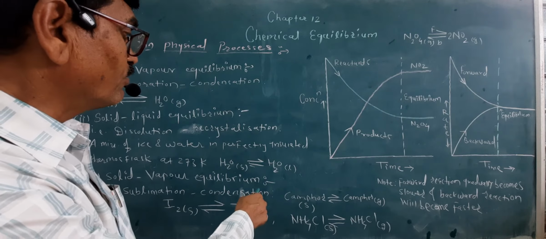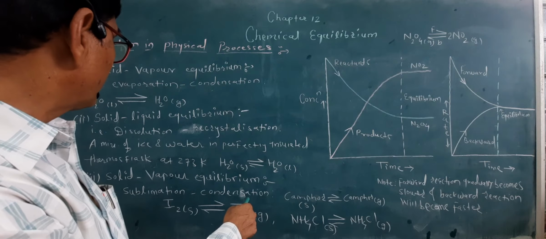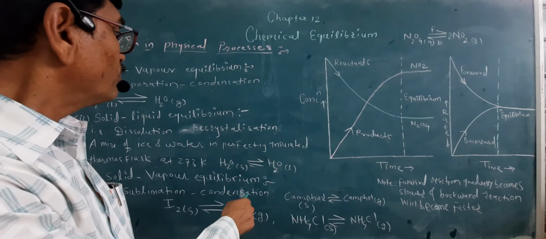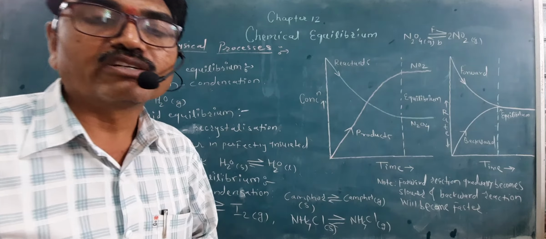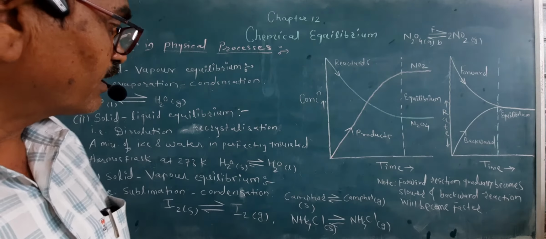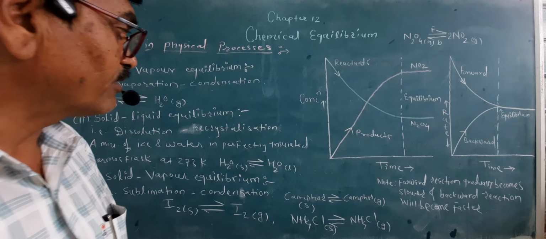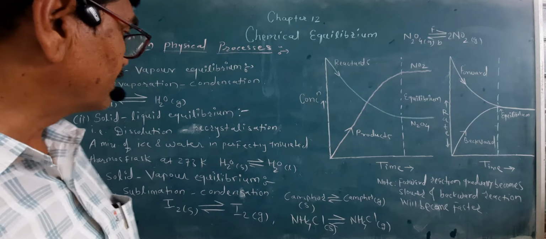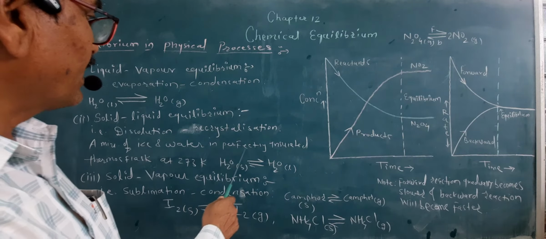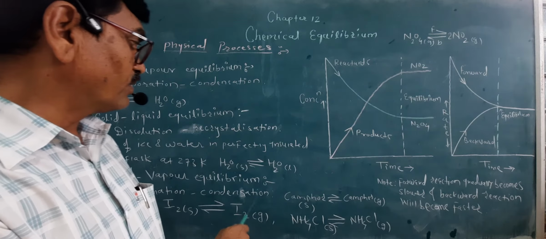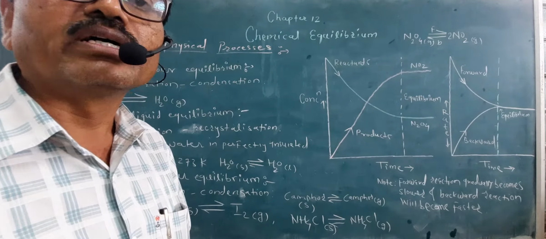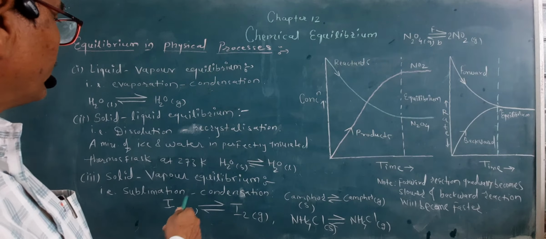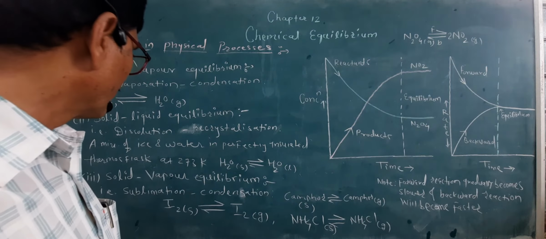In a closed thermos flask, this type of equilibrium is also called dissolution recrystallization equilibrium. We have already seen this in the vapor pressures of solutions of liquids in liquids, where we studied the dissolution of sugar in water. That is also an example of solid liquid equilibrium.